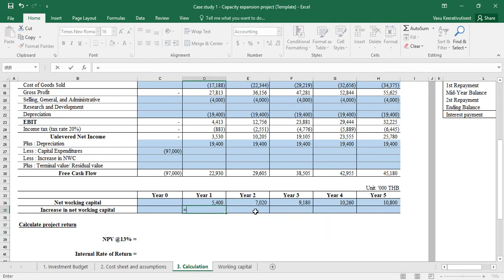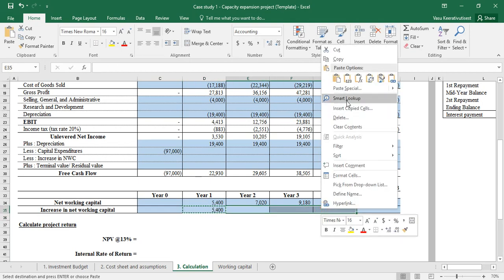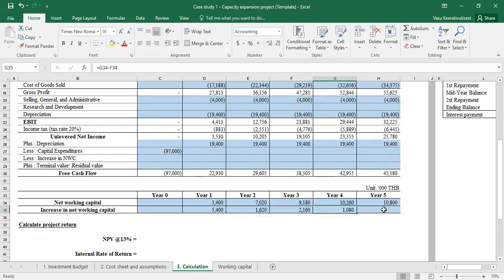It is equal to this one minus this one. In the final year, it is a summation to release all working capital back. So here's your increase in net working capital. It is equal to minus this one. Copy and paste the function.